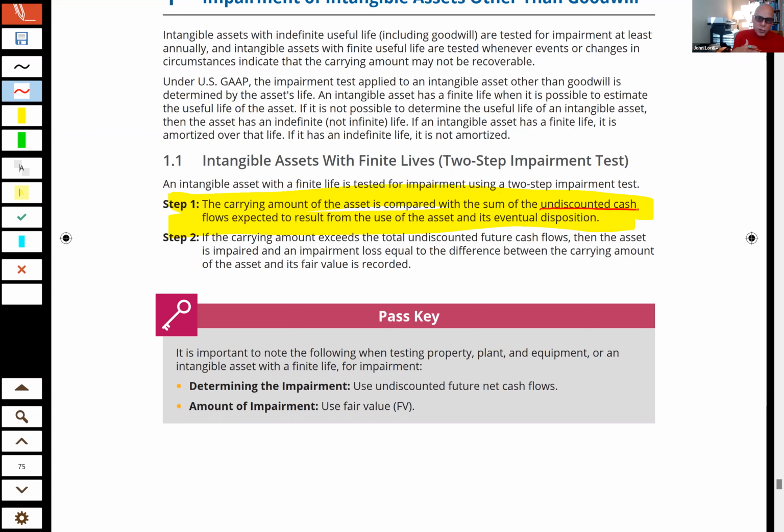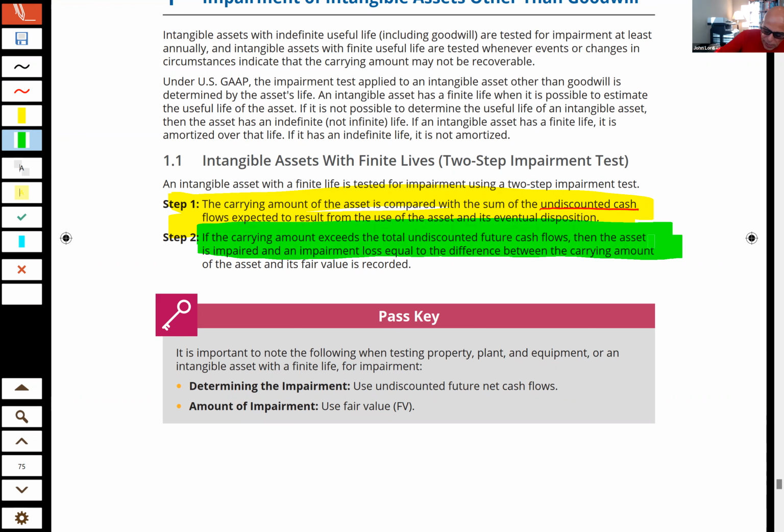Now, if it turns out that the undiscounted cash flows are less than the carrying amount of that asset, now you have impairment, and you will need to go to step 2, which is you'll compare the carrying amount of the asset to the fair value of the asset, and that will be the amount of impairment that you'll take. It turns out that the fair value of the asset is often determined by discounted cash flows.